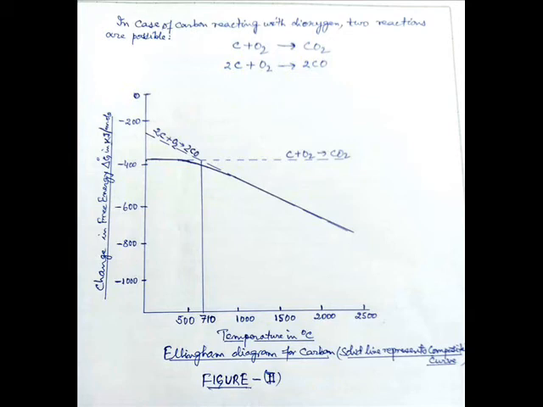The two lines, the line which represents the formation of carbon dioxide from carbon and dioxygen, and the line which represents the formation of carbon monoxide, cross each other at 710 degrees Celsius in the graph given in figure 2.